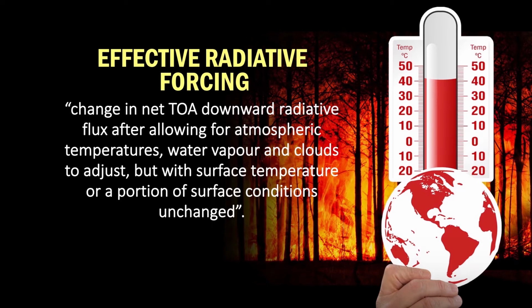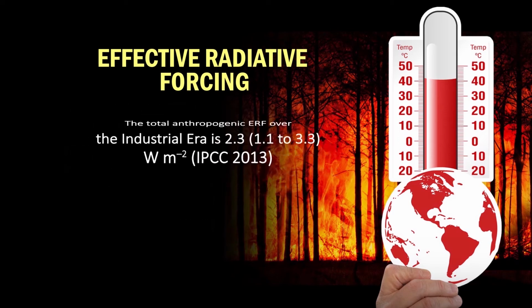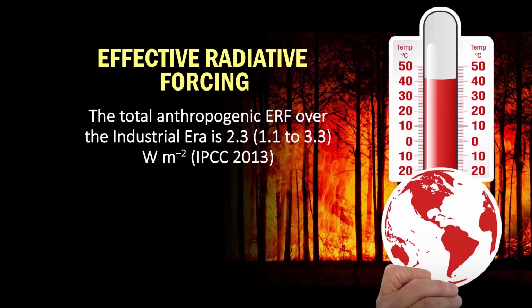So the total anthropogenic effective radiative forcing over the industrial era is around 2.3 watts per meter square. It's a significant amount, because that's how we have quantified the human actions. It's coming to the tune of 2.3 watts per meter square.